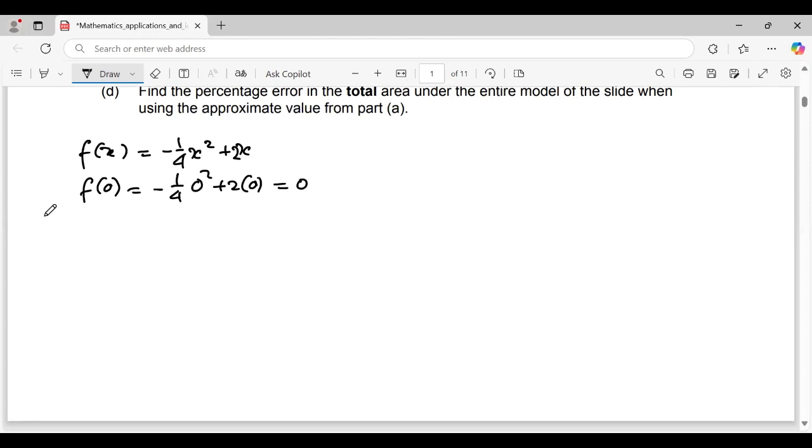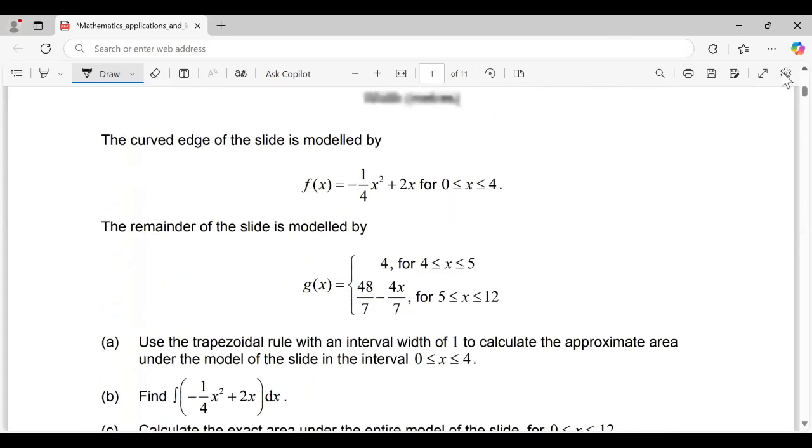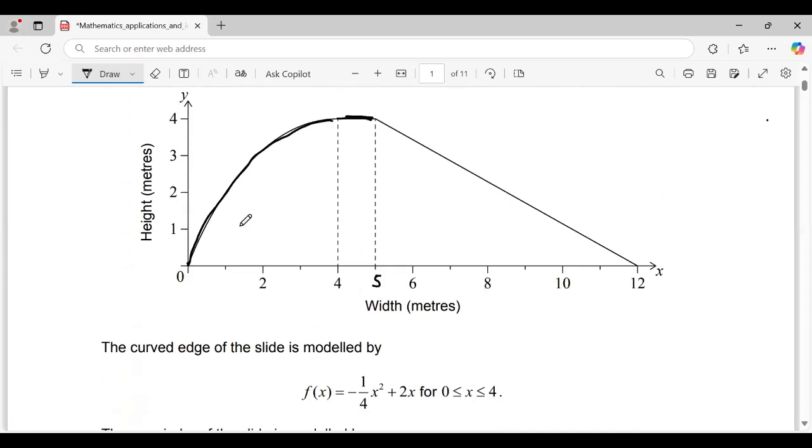It is 0. According to this model, we create the partition: 0, after that 1, and so on until 4.